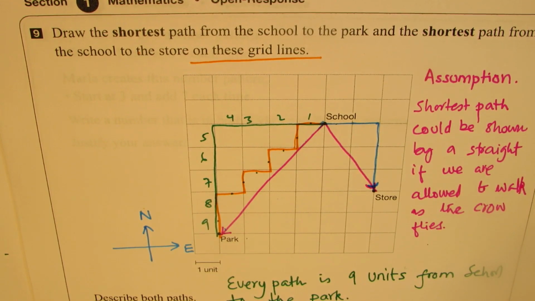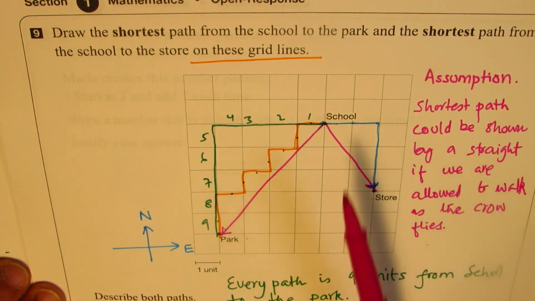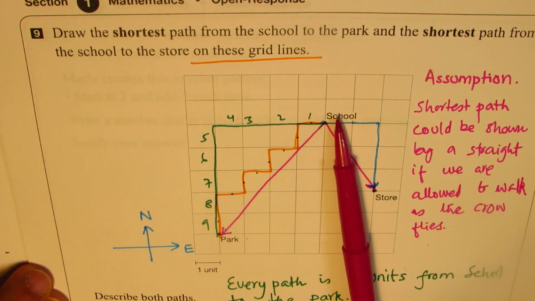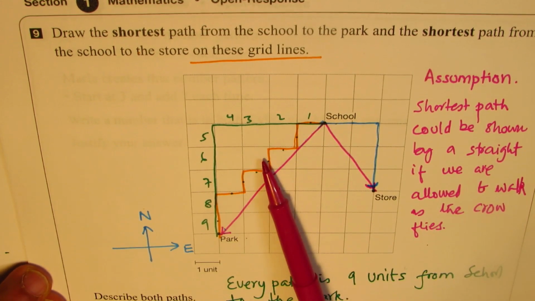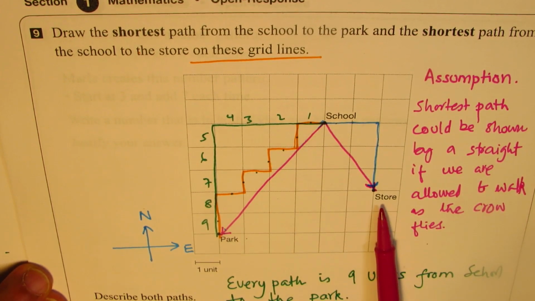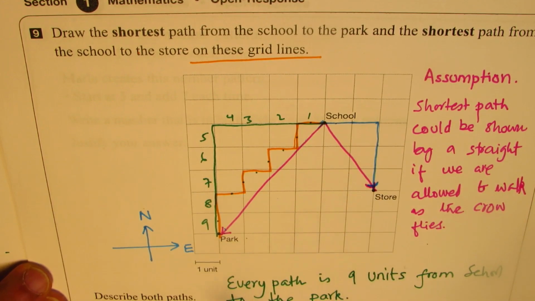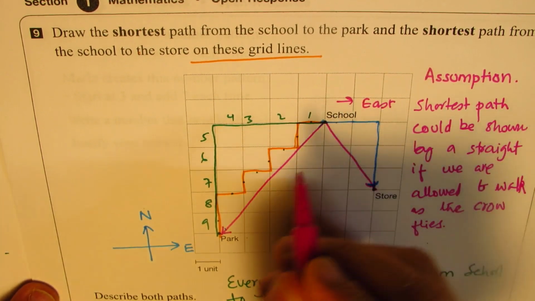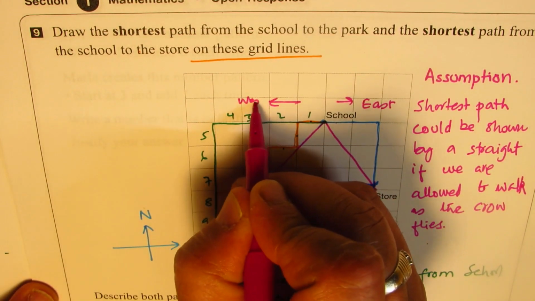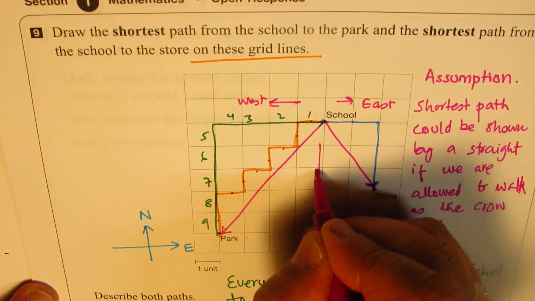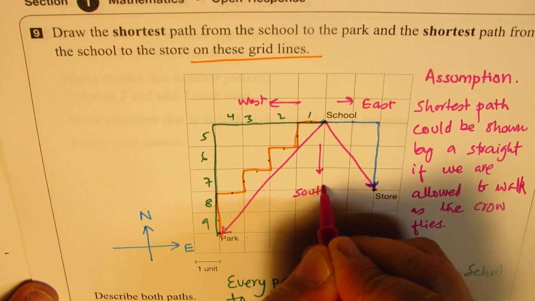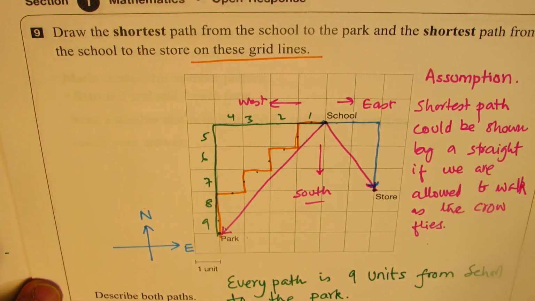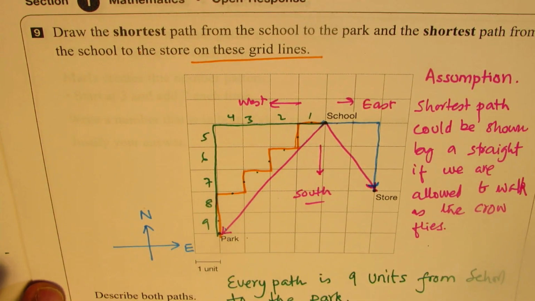So any path you draw, describe that path, but you are moving from school to park, you are moving either west and south, and from school to store, you are moving either east and south, right? So this side is east, this side is west, and that is going downwards is south. So that is how you should be describing it. I hope that is clear, right?